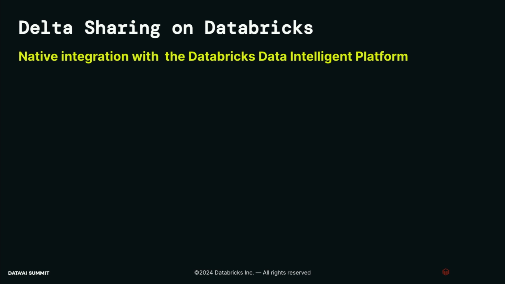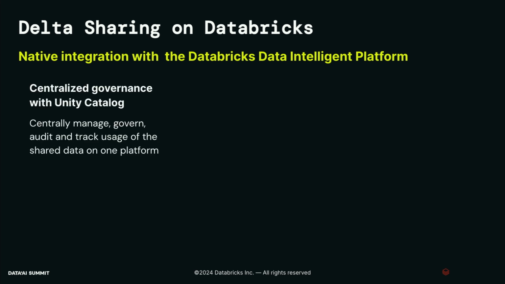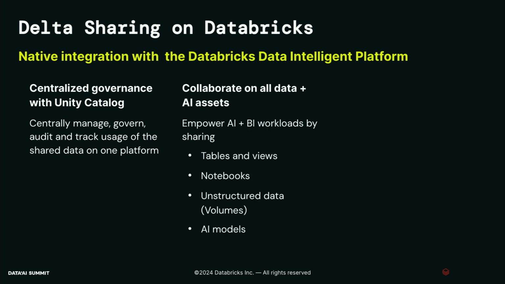At Databricks, we integrate data sharing natively with the Databricks Data Intelligence Platform. And it comes with a bunch of benefits out of the box. First, with the help of Unity Catalog, any user can centrally manage, govern, audit, and track usage of the shared data in a single pane of glass. And then you can collaborate on more than just data. For example, you can share unstructured data like files, images, or code, notebooks, or even AI models.